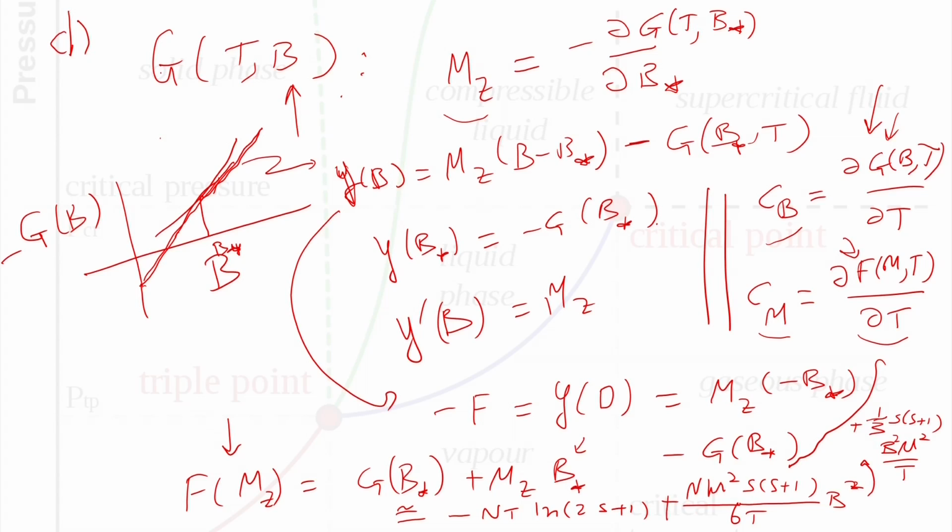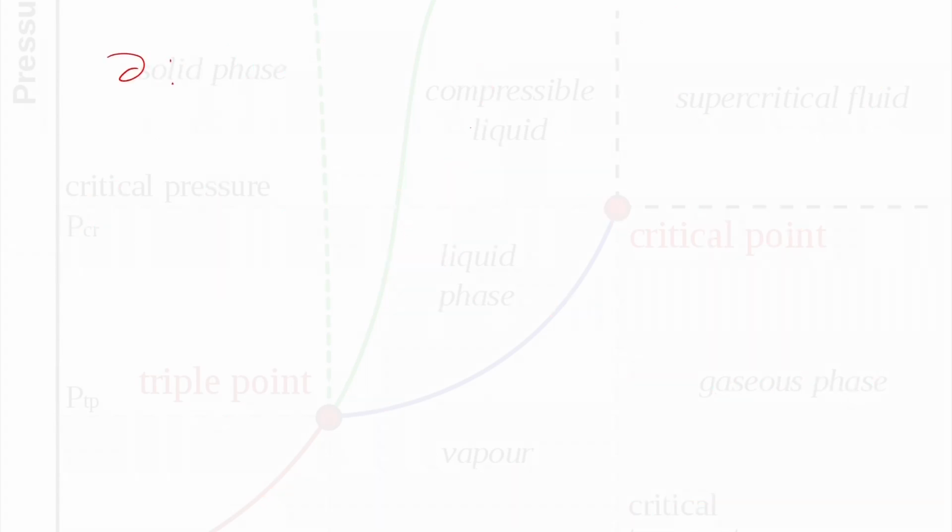So I might as well simplify it this way right here and get rid of this altogether. So that's going to be my new free energy. Now if I differentiate with respect to temperature, so if I differentiate df by dt, that's my Cm.